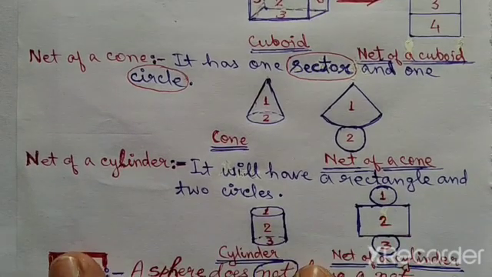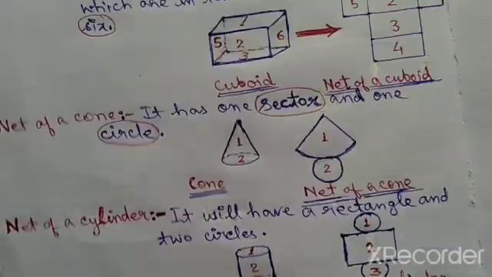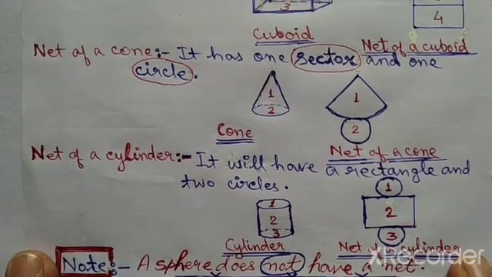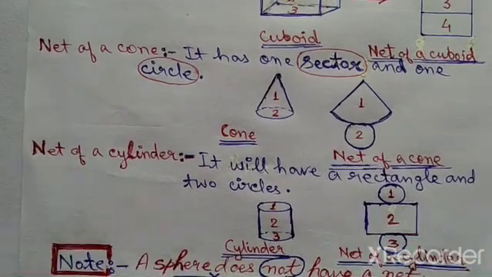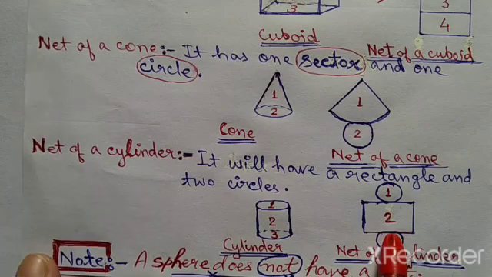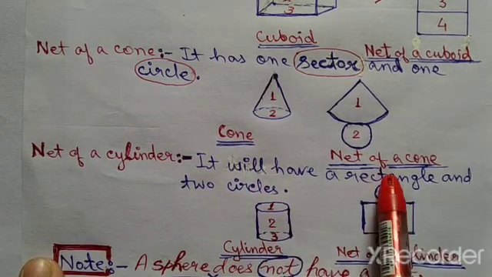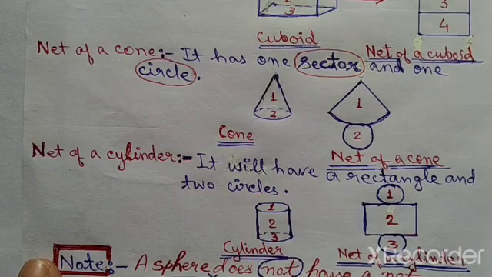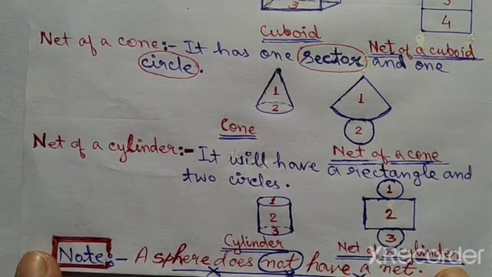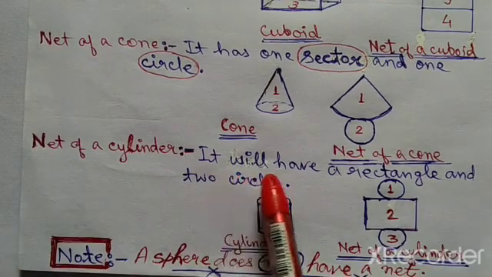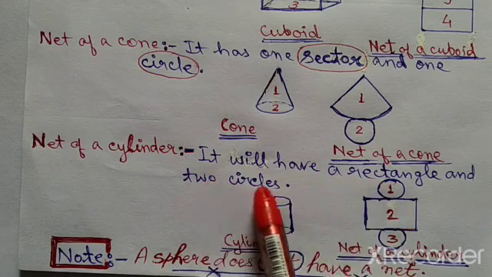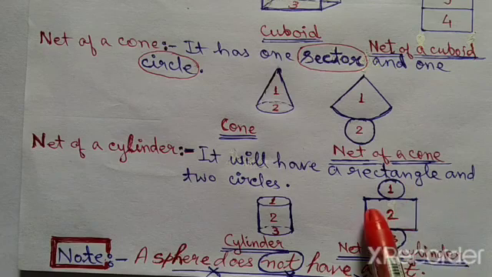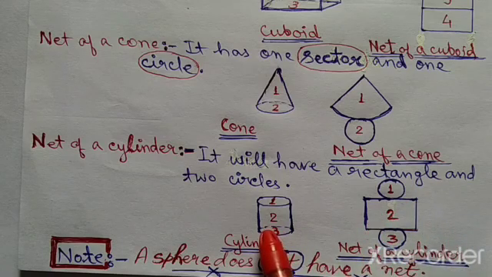Next one, children, net of a cylinder. Try to understand here. What is the meaning of net of a cylinder, children? If you draw the net of a cylinder like this, you will see it will have a rectangle and 2 circles, children. This is a rectangle. This is the actual shape of cylinder.